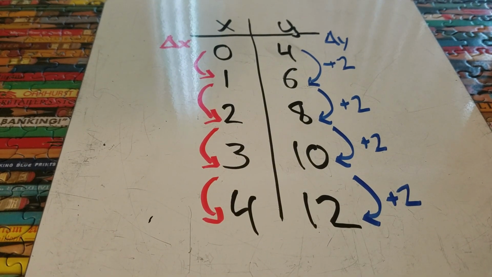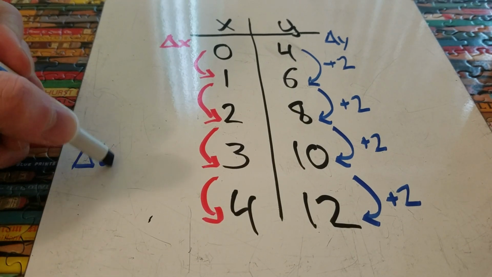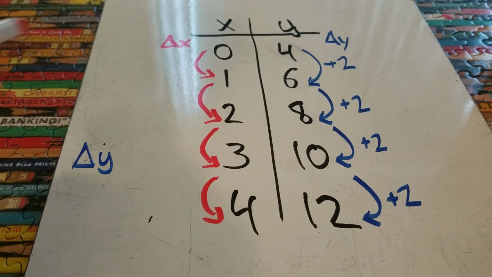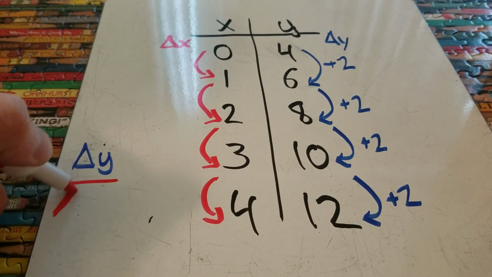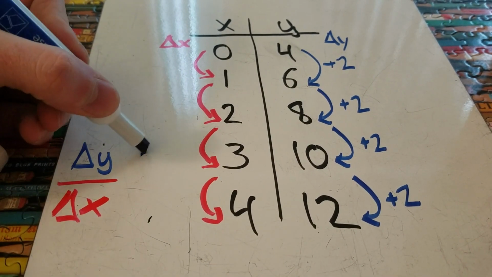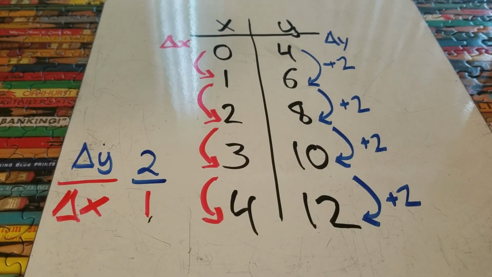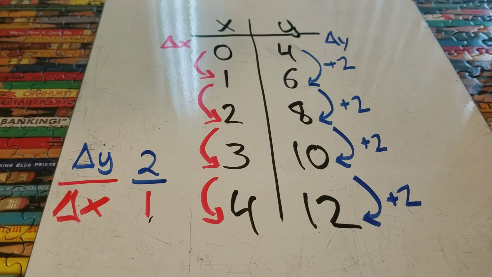Slope is simply just putting the changes in y over the changes in x. So I'm going to have, in this case, a ratio, change in y over change in x, for this problem just going to be 2 over 1, because every single change in y is 2, every single change in x is 1.